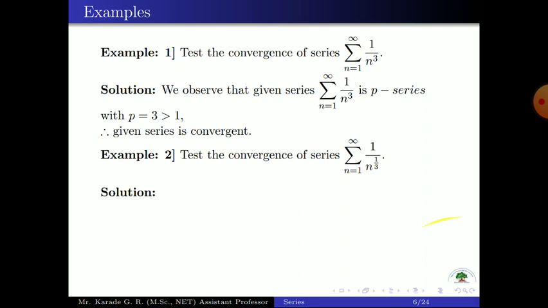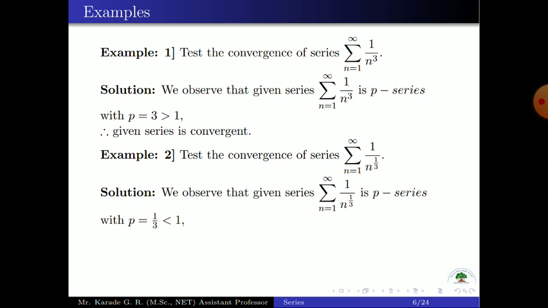We observe that the given series is a P series with p equal to 1 by 3, and this 1 by 3 is strictly less than 1, that is, p is strictly less than 1, and therefore by the theorem of convergence of P series, when p is strictly less than 1, the P series is divergent. Okay, therefore the given series is divergent. So this is the simple way to identify whether the given P series is convergent or divergent. That is very simple.